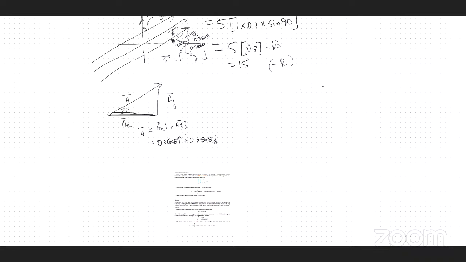Yes. That's your B vector now. But theta is 30 degree, right? क्योंकि ये with x-axis. Now put the value 30 degree.